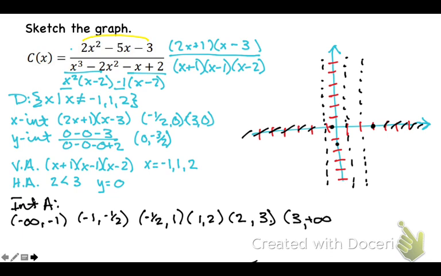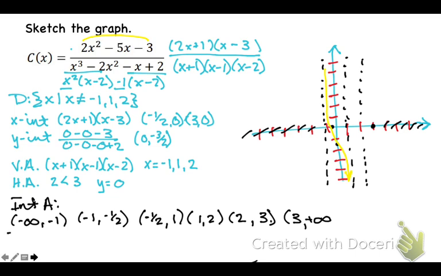Well, if I look at this graph already, I should know that it has to go through this x-intercept and through this y-intercept. I should know that it either has to come up or down, so I got a lot of work to do.